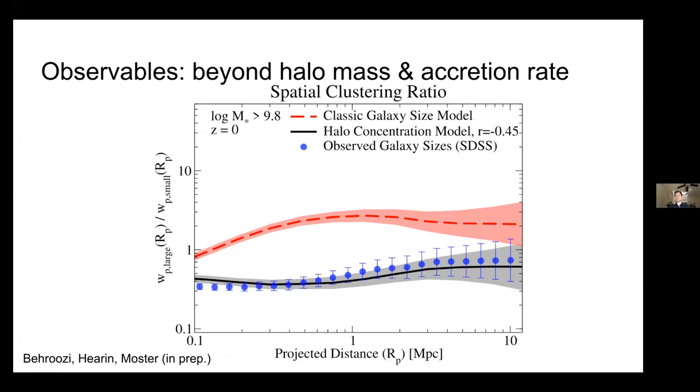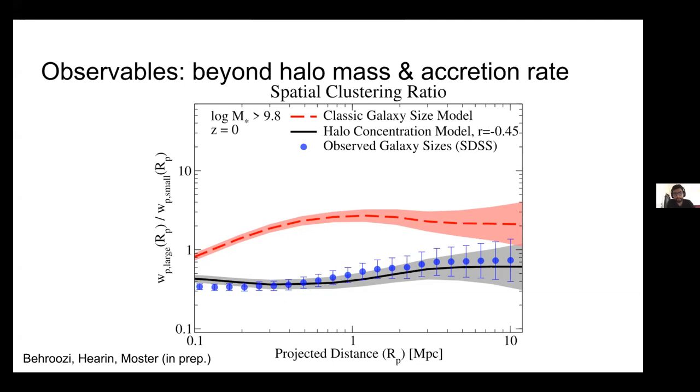Yeah, great. I was going fast, and so I skipped this important detail. Both predictions here assume that the dominant factor setting the galaxy size is the halo radius. And then the question is, what sets the scatter in galaxy size at fixed halo radius? You definitely know, but just to remind other people, the classic galaxy size model is basically that the galaxy size is proportional to the halo spin times the halo radius.